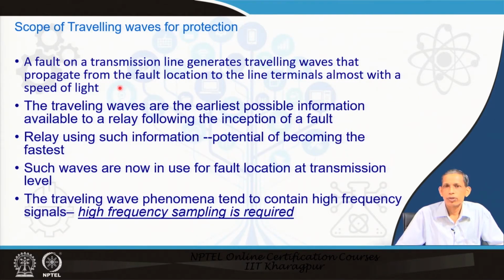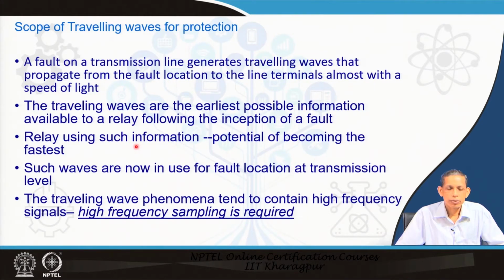Using such information, the relay can have high speed performance, and the fastest fault detection can be achieved. Such waves are already in use in the power industry for long transmission lines, mainly for fault location.